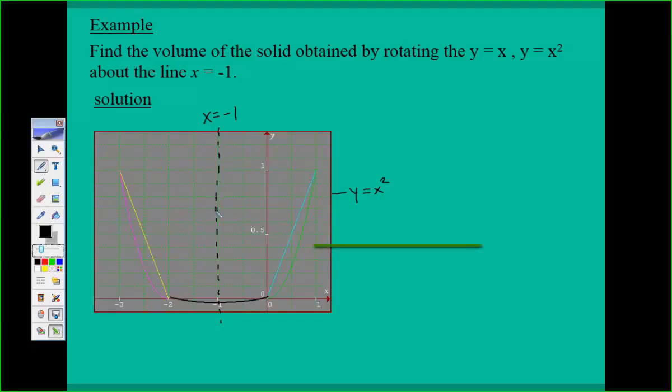Now our rectangles need to be perpendicular to the axis of rotation, so that would create a delta x when we rotate this around the axis x equals -1, we would have this washer here.